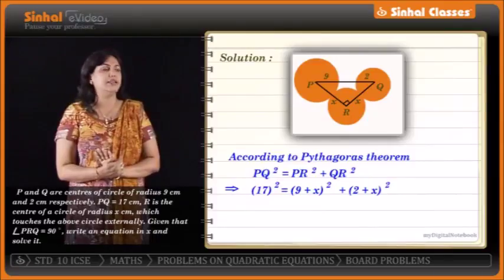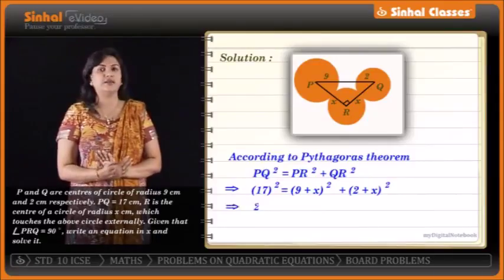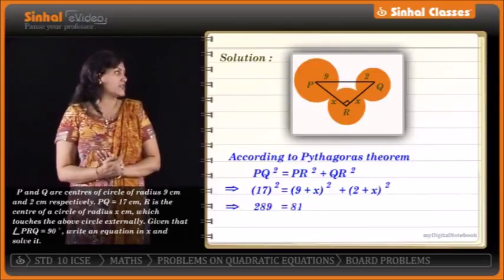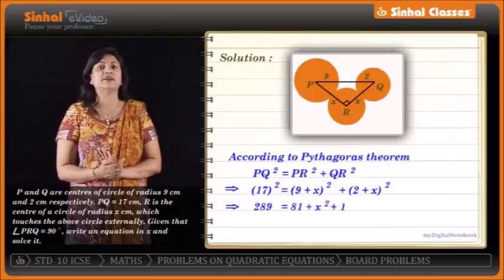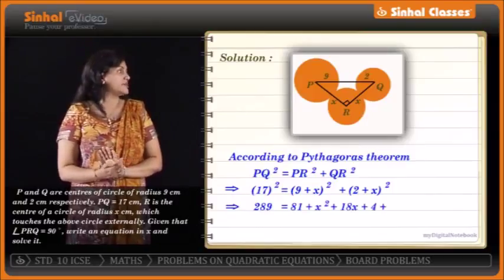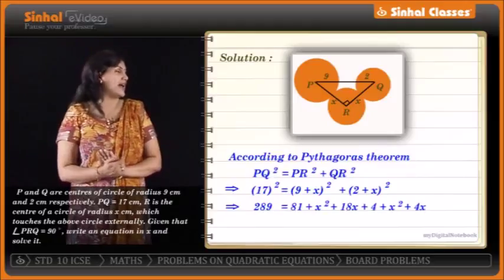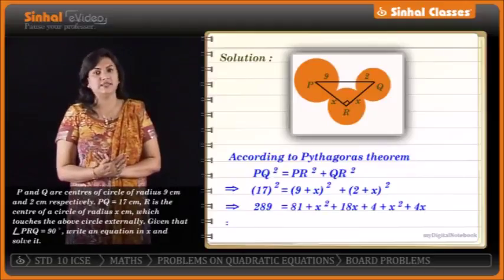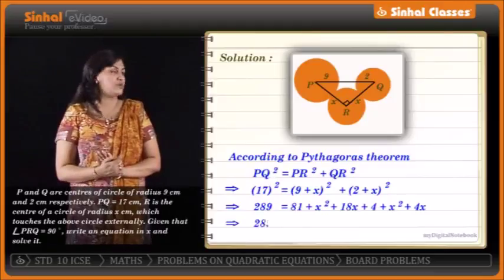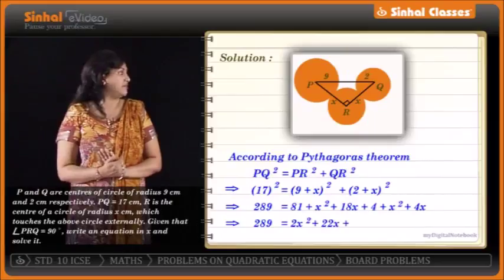Now we expand this as 289 is equal to 81 plus x square plus 18x plus 4 plus x square plus 4x. Now simplify this as 289 is equal to 2x square plus 22x plus 85.